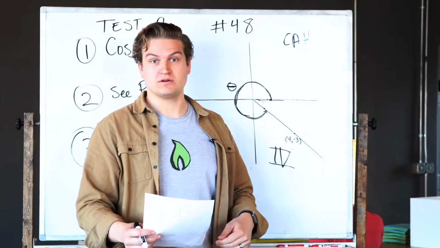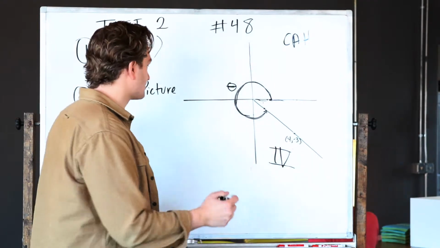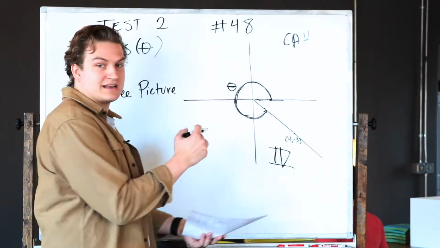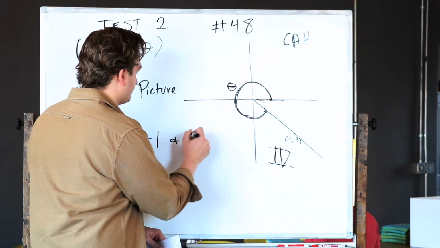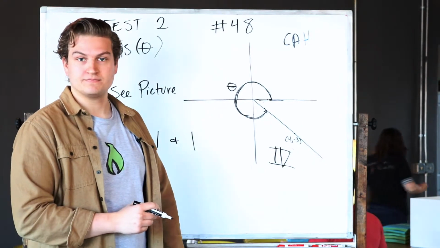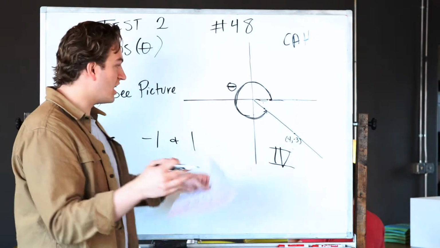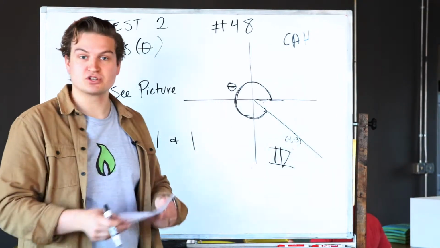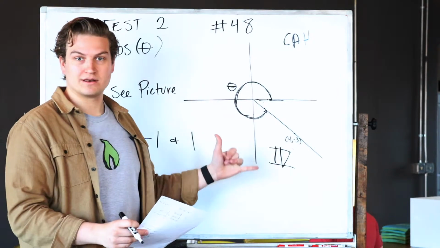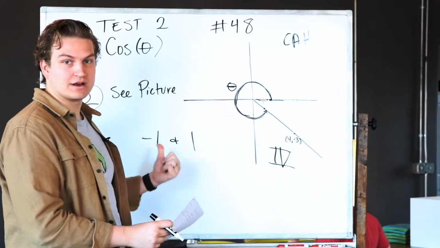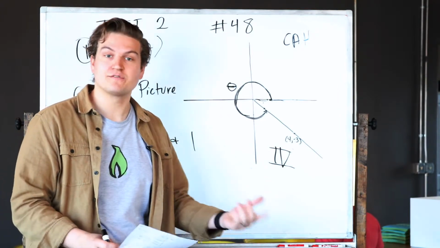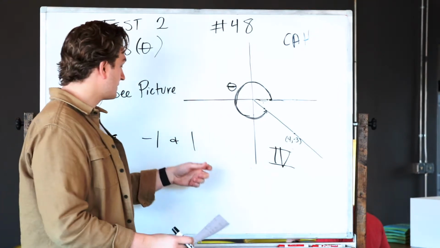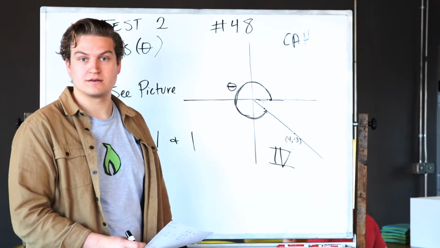We also know, if you know a little bit about trigonometry, that cosine is always between -1 and 1. Cosine of theta is always between -1 and 1. It can't be less than -1 and it can't be more than 1. And if you look at answer choice K, it's 5/4. And K, 5/4 is greater than 1.